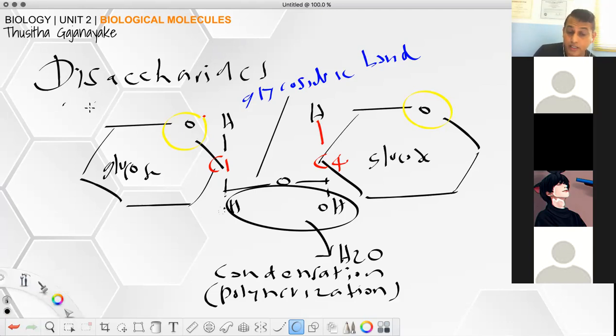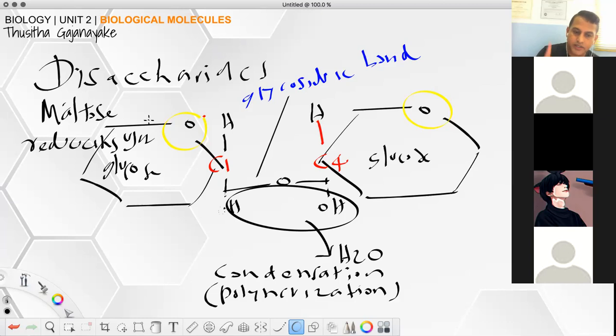This disaccharide is maltose, so it is also a reducing sugar. Maltose is glucose and glucose.